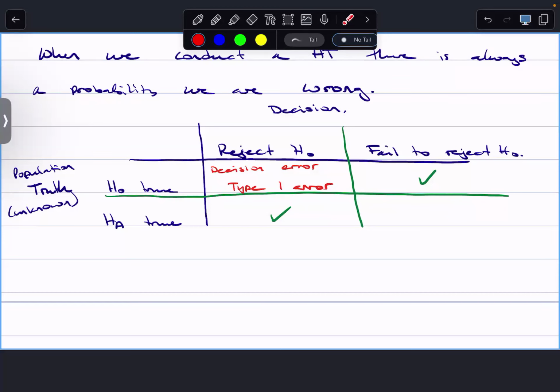They're complementary that way. That's also a decision error, and we call it a type 2 error. I'll do Roman numerals. The probability of making a type 1 error is the alpha level. And so that's where we're going to focus our time.